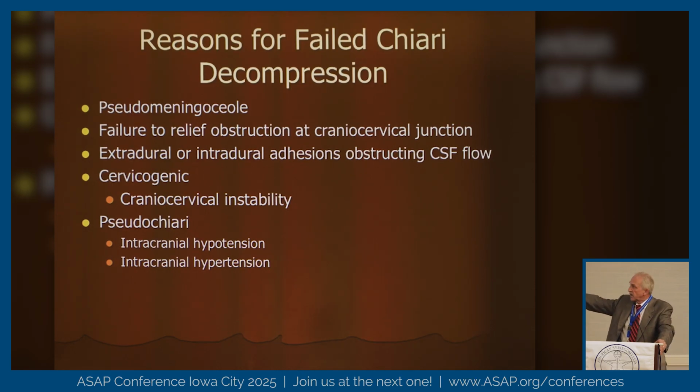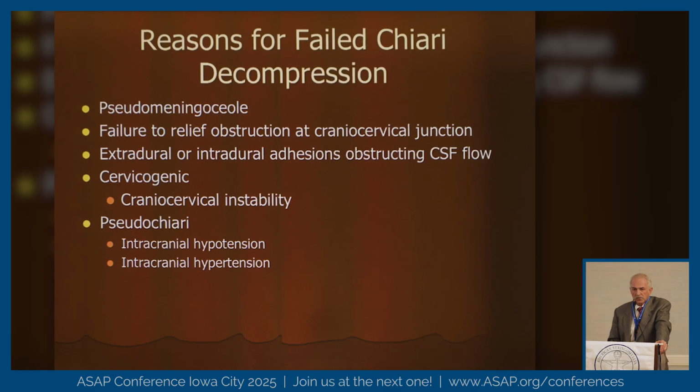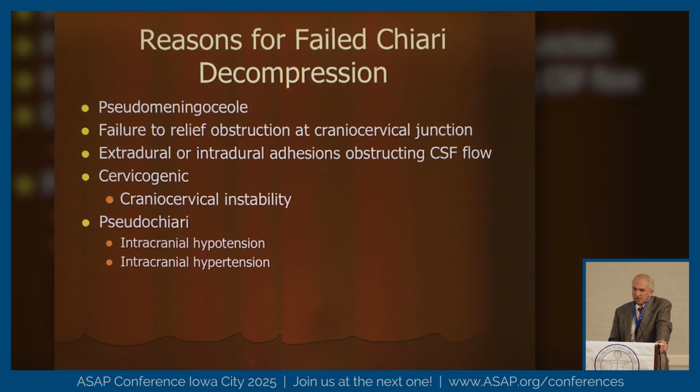Cervicogenic, there could be a craniocervical instability complicating things. Or they could, in some instances, have Chiari or pseudo-Chiari with either intracranial hypo- or hypertension. I had one patient who underwent a Chiari decompression, and then 3 or 4 years later started developing orthostatic headaches. She ended up having a CSF leak, and we repaired that, and she was fine.